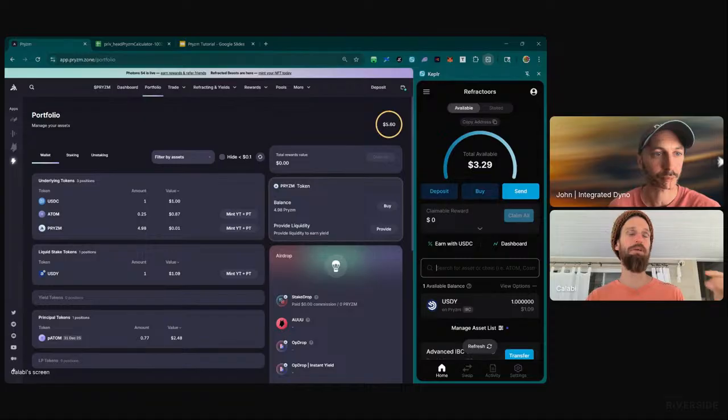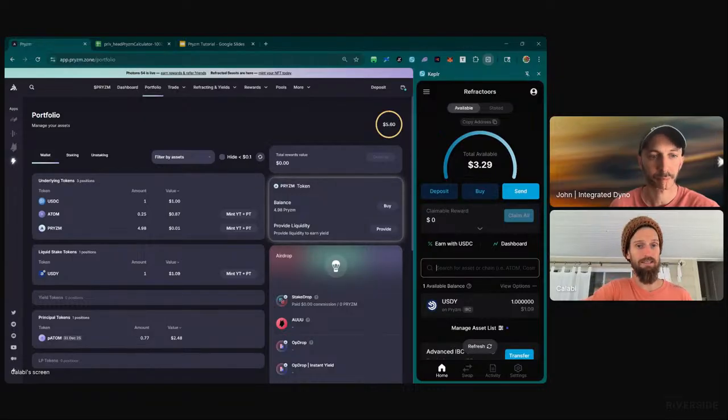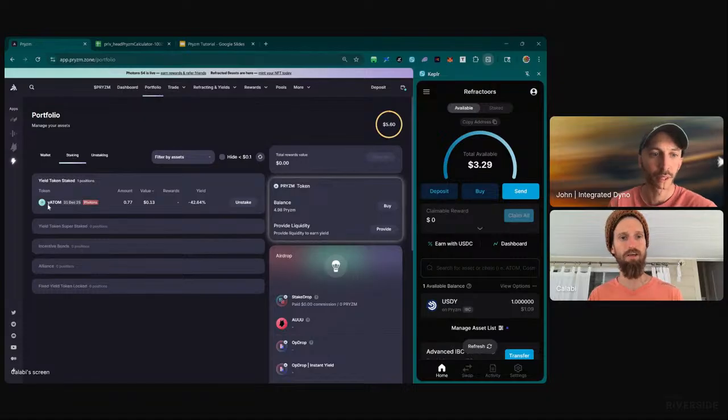You could be setting basically limit orders for when you want to sell out of it, but you're foregoing the yield by not staking. And this is one place where I think a protocol could come in. It'd be sweet if the protocol was smart enough to be like, your limit order or your certain price has been set, pull out of staking and sell. That would be sick. Currently, you can't do that. You have to manually go in and do that.